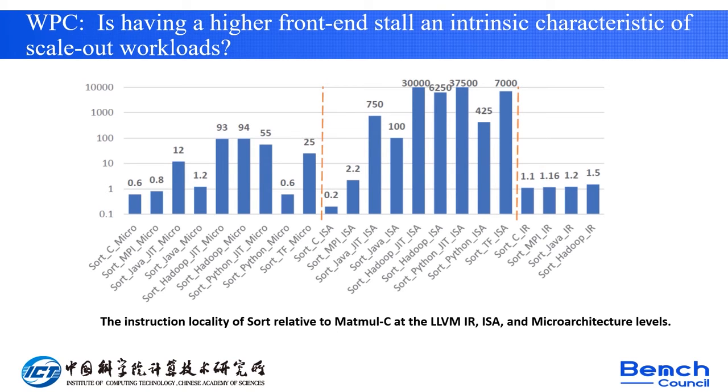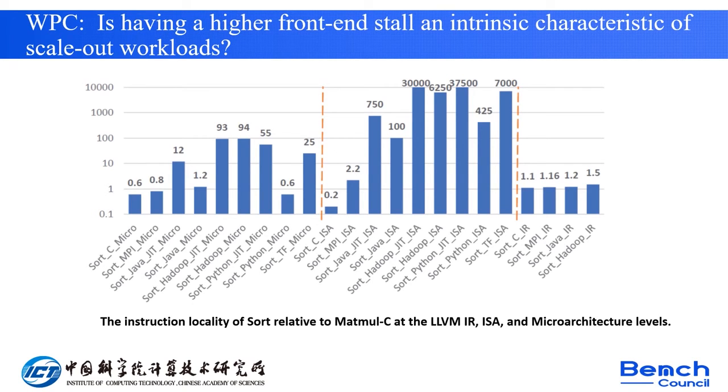The changed L1-I MPKI is close to that of Sort C and Sort MPI, but the performance of Sort Java and Sort Python degrades by 6.4 and 2.2 times when turning off JIT, respectively.